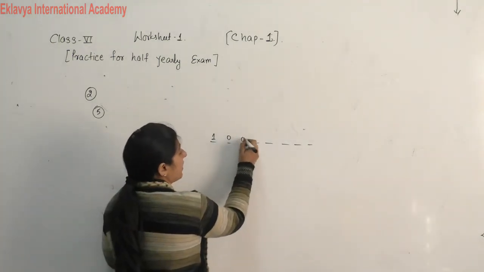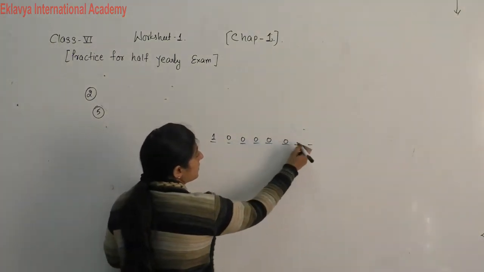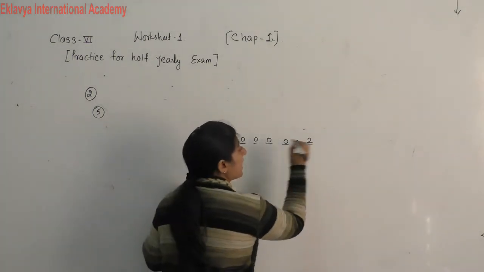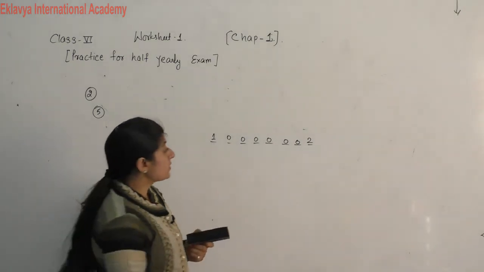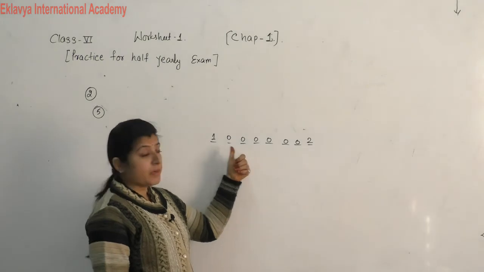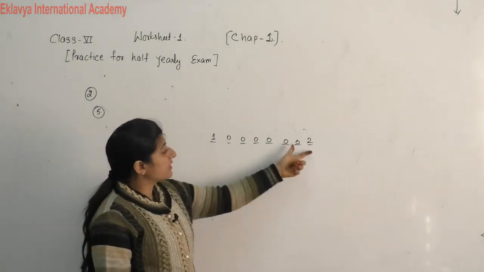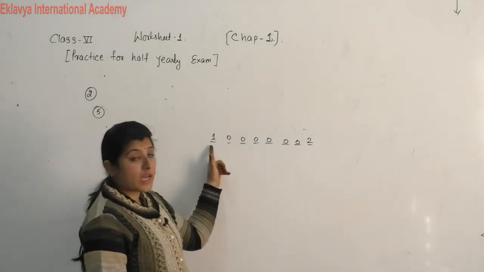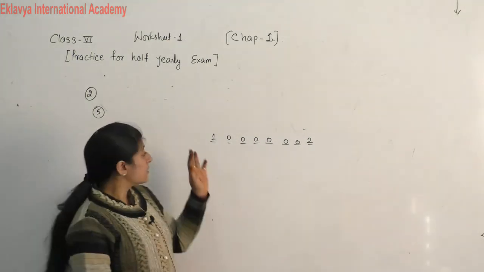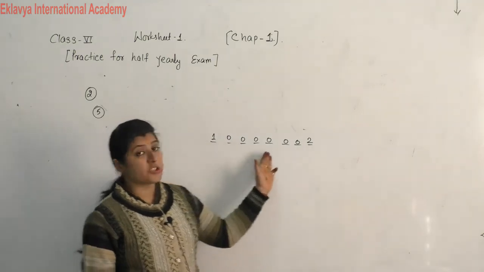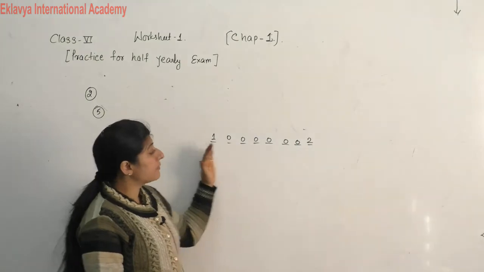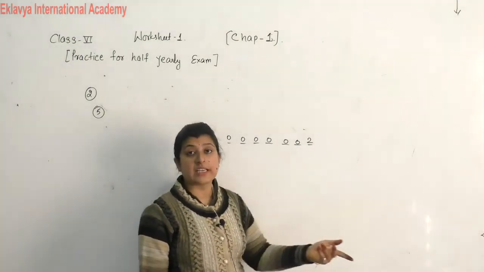Smallest 8-digit number, I can use 1 0000 like this, and the last one I can use 2. If I use 2 here, then this becomes 20 lakh. But here I will use 1 and in the last 2 because I need 3 different digits: 1, 0 and 2. But if I use only 0, then it becomes one digit less.